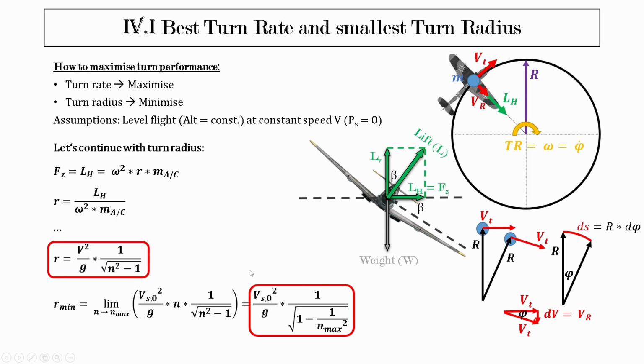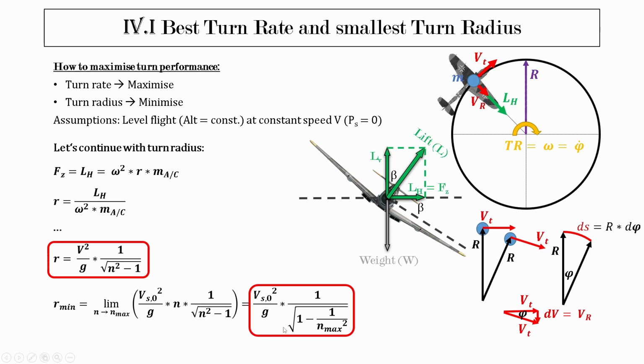Alright, so a quick sanity check if that actually makes sense. First, we would want to look at if it was possible to do n infinity. So if we were to be able to generate an infinite load factor, generally speaking, when would this term become the smallest?